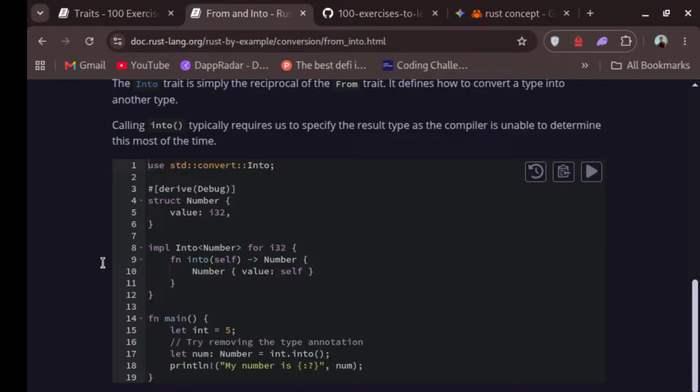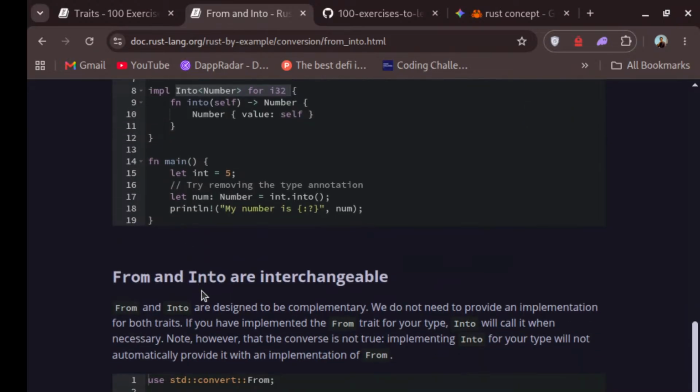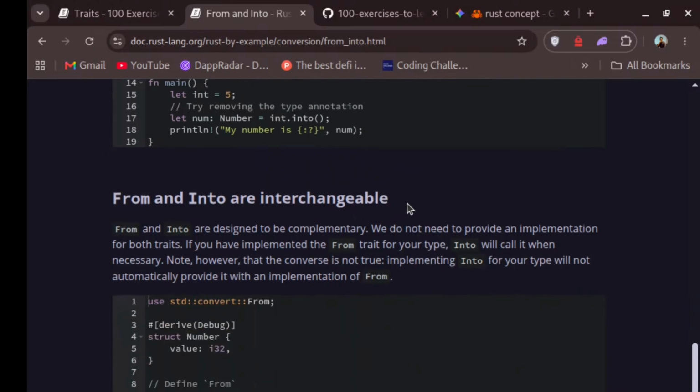Here you can see we implement Into number for I32.